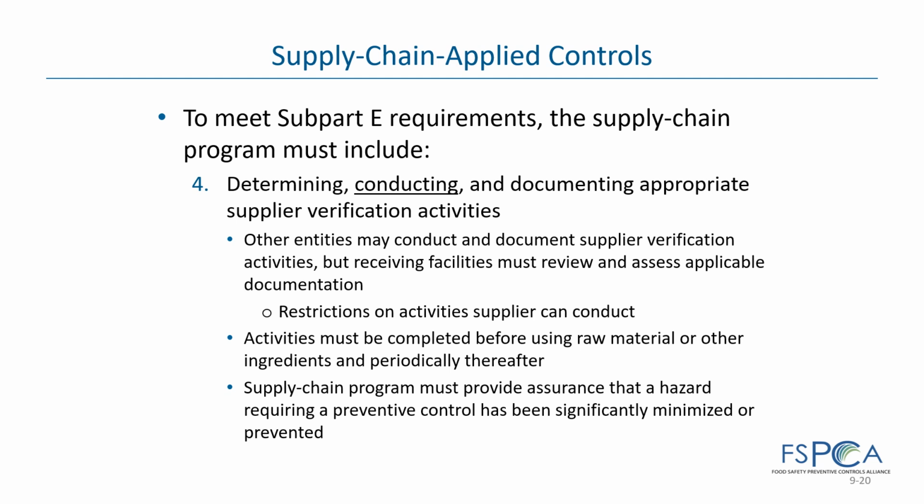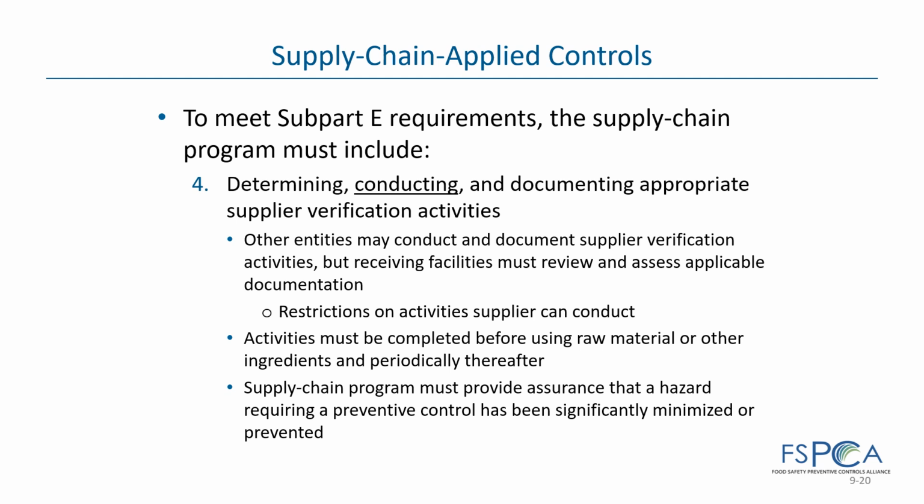But ultimately, I think that receiving facility needs to be looking over those records and making sure that they are in agreement with what the contract between the supplier and the receiving facility is asking for, and that they're being done thoroughly and appropriately.